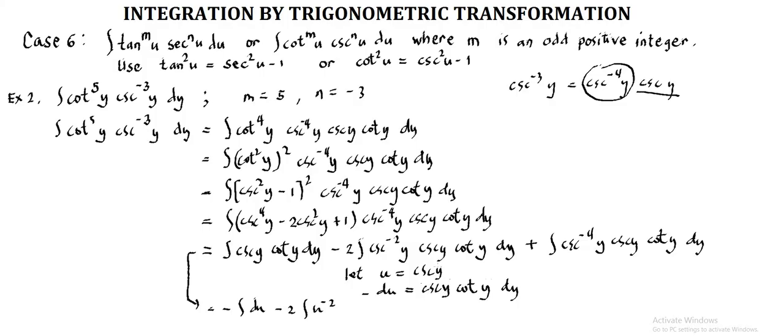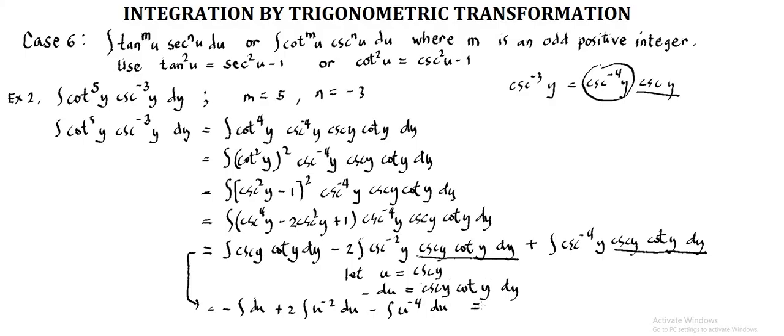Tapos, yung cosecant y, cotangent y dy, itong term na ito, equal siya sa negative du. So, negative, magiging positive ito. And then, plus, integral of cosecant to the negative 4 of y. But cosecant y equals u, and then raised to negative 4 at itong cosecant y, cotangent y dy ay negative du. So, negative times positive, magiging negative.